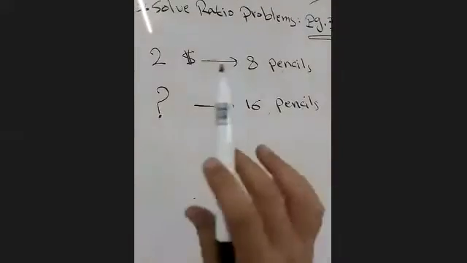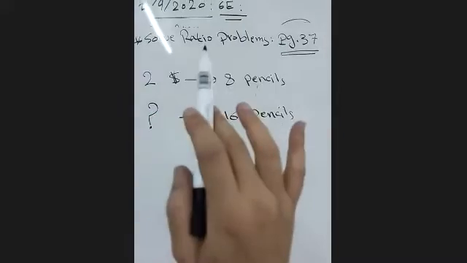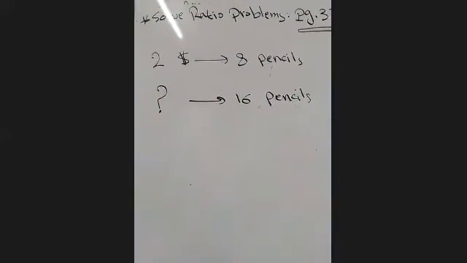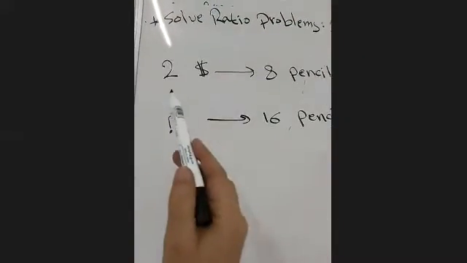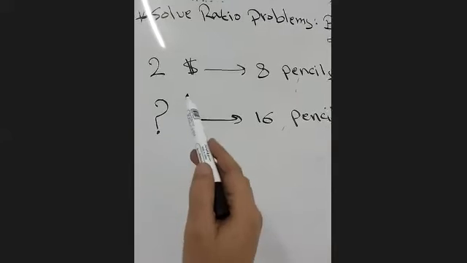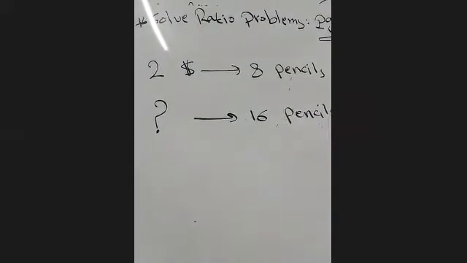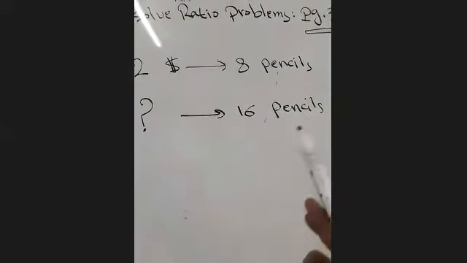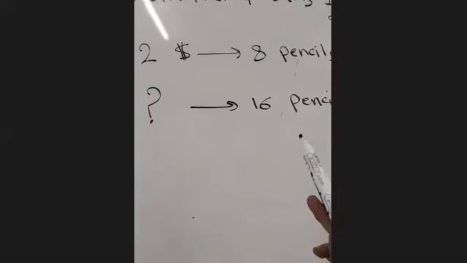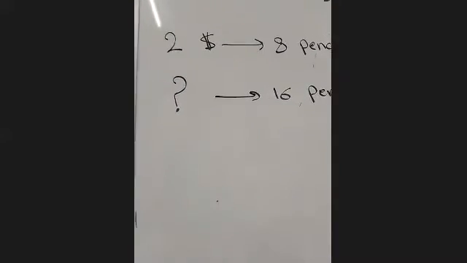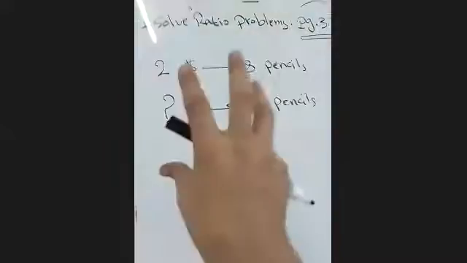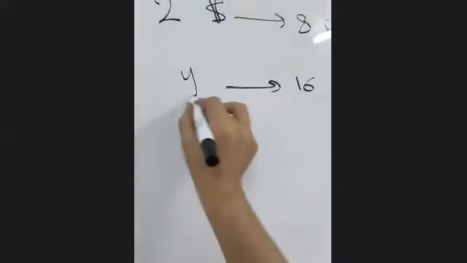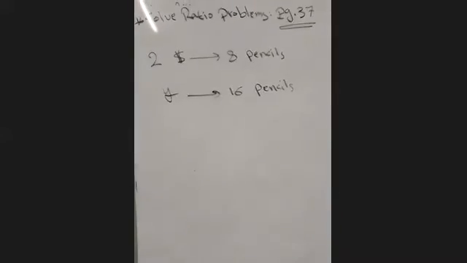Now here, guys, our lesson talks about solve ratio problems. For example, if I have $2, if the $2 can buy 8 pencils, if I want 16 pencils, how many dollars can I spend? To solve this problem, guys, I will make fractions. The question mark, I will call it y, something unknown.